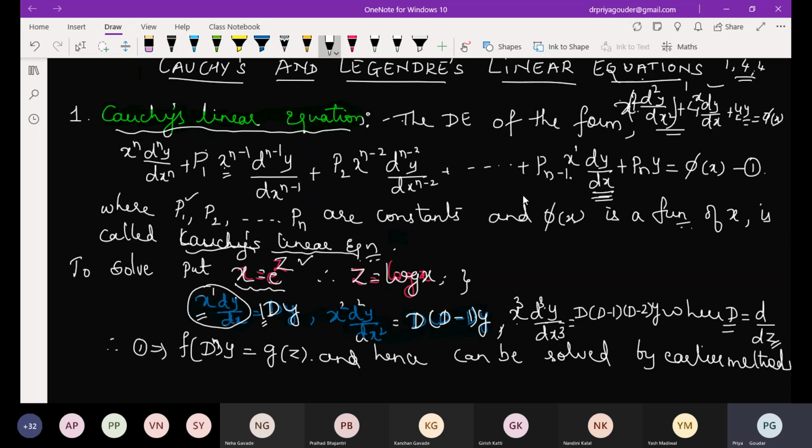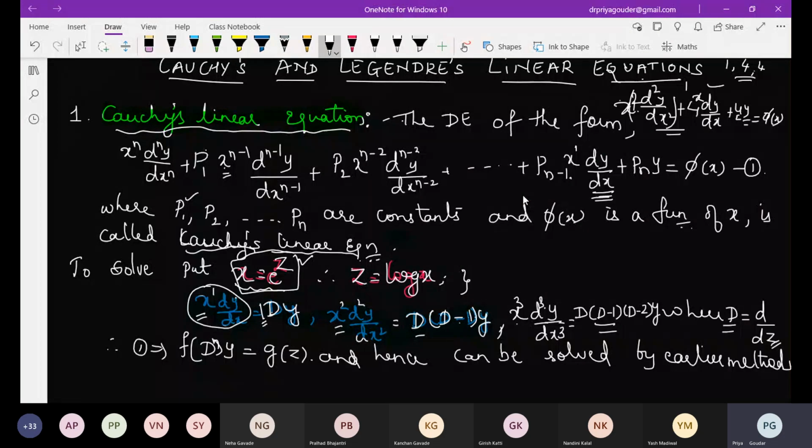Similarly, this was attached to a variable coefficient. On this side, if I simplify it, what are the coefficients of D square and D? Are they not constant? So the LHS part had variable coefficients and now has all constant coefficients. We converted variable coefficient into constant coefficient with the help of which substitution? x is equal to e raised to z.